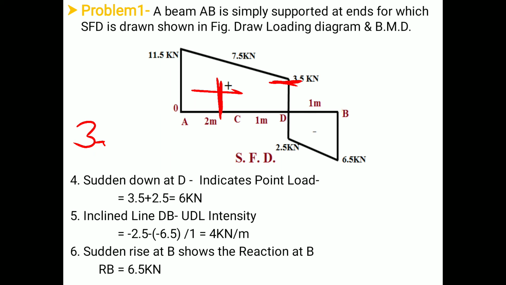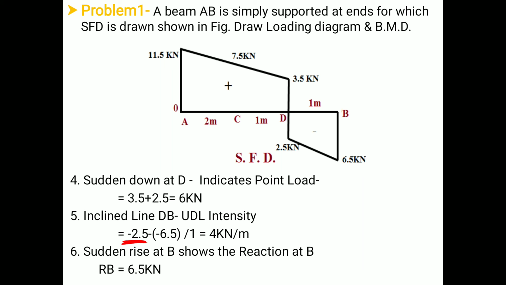Again, from D to B we have an inclined line. As we have an inclined line from D to B, it is a UDL, and the UDL intensity can be found by the difference in shear force divided by the length. This 2.5 is acting in the negative part, therefore it is minus 2.5 minus the shear force at the other end, minus 6.5, divided by the span of 1 meter.